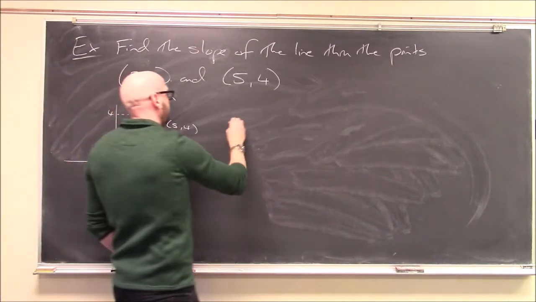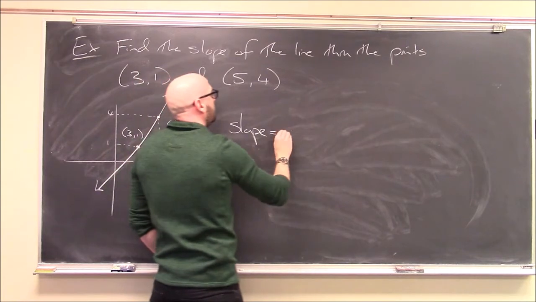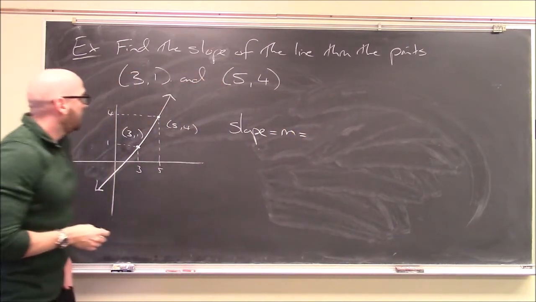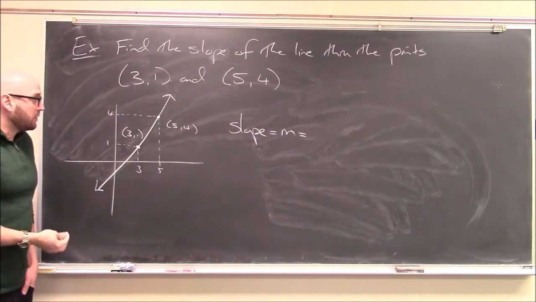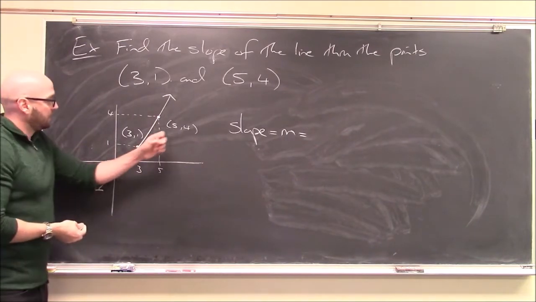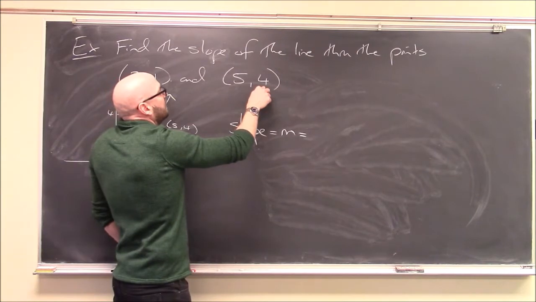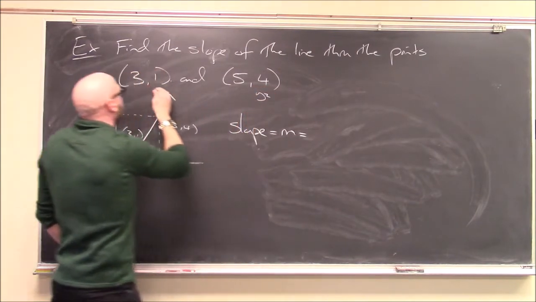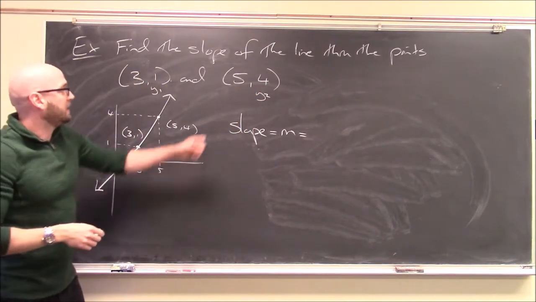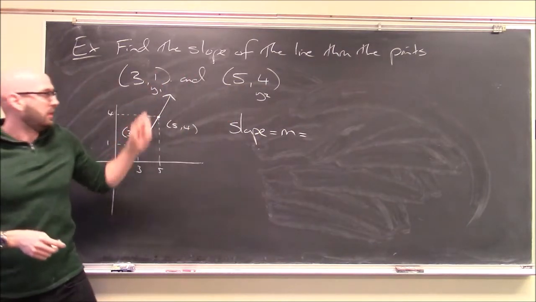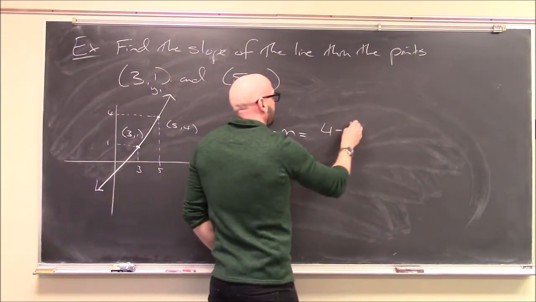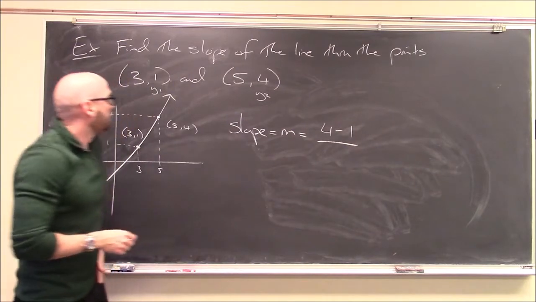So what's our slope? Well, slope is m, and all I have to do is take the difference in the y coordinates over the difference in the x coordinates. So this would be, say, y2, and here's y1. So my difference in the y coordinates, 4 minus 1, over the difference in the x coordinates.